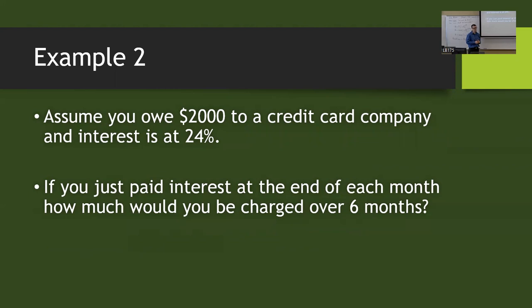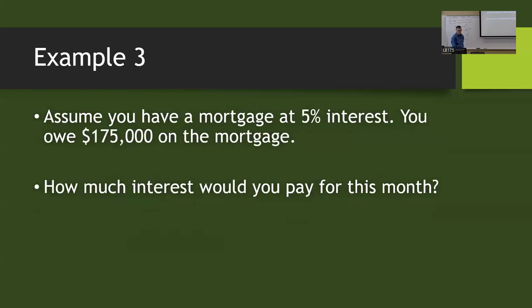I'll always owe that $2,000. And you could do that forever, right? So if you just paid your $40 for 6 months, well, all of a sudden, you paid 6 times 40, which is 240 total dollars, and you didn't decrease your debt at all. That makes sense? Again, that's more of a thought experiment than anything.